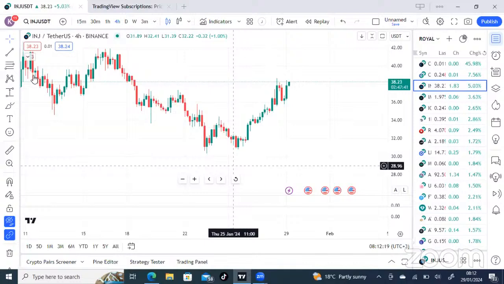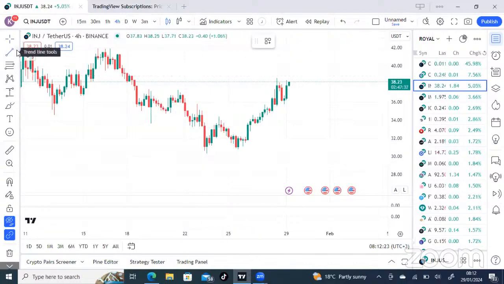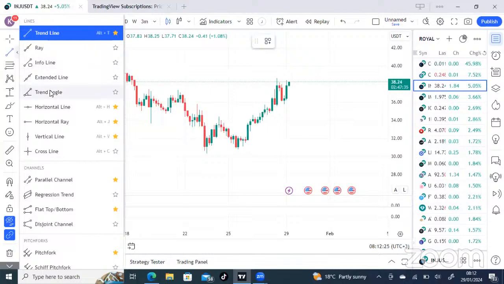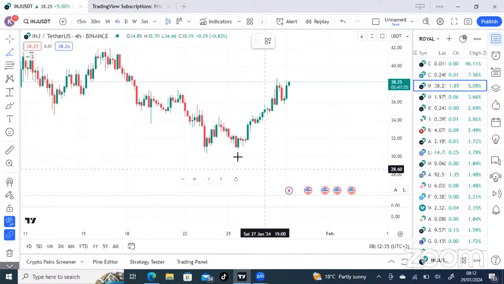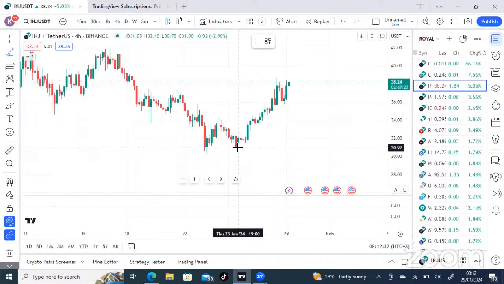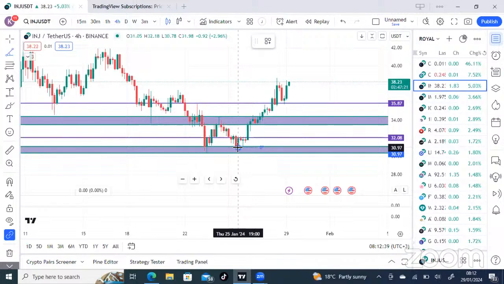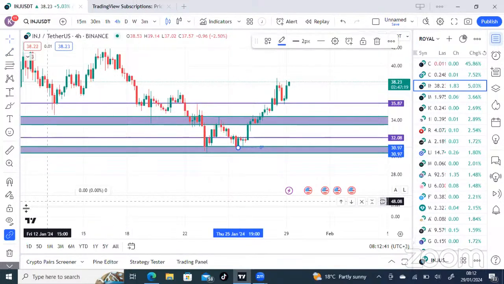This is a free chart, and our first step we said is to draw horizontal lines. I see something. I've never used this, but let me see how it works. Oh, why does it open up with this now?